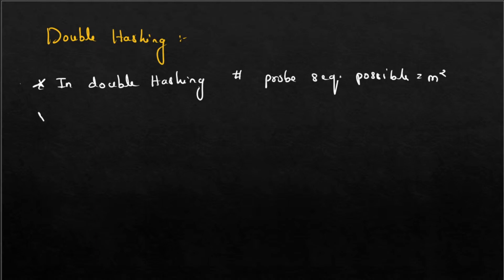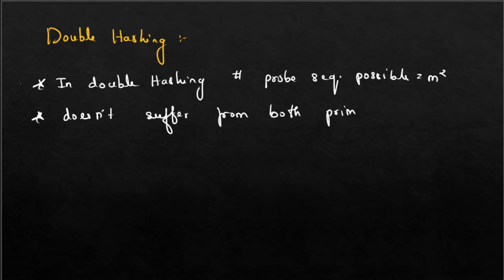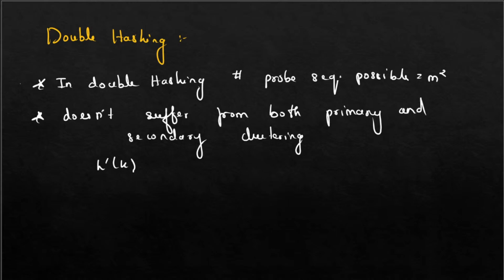Okay, and it does not suffer from both primary and secondary clustering. Which is h(k, i) equals (h1(k) plus i h2(k)) mod m.